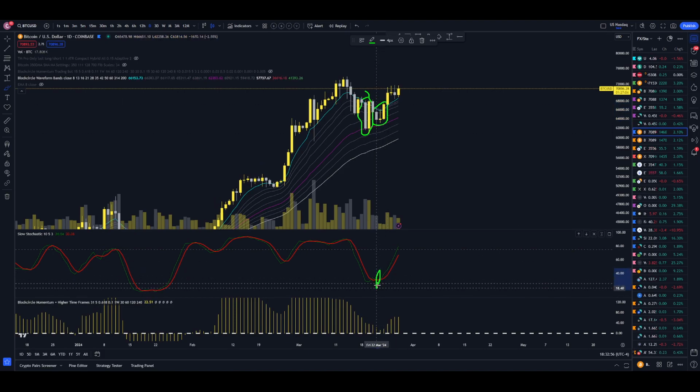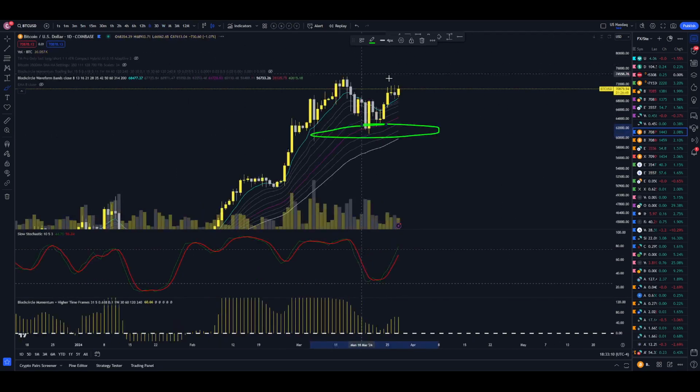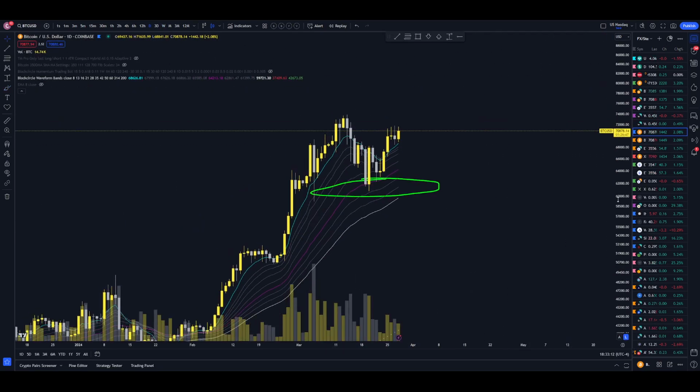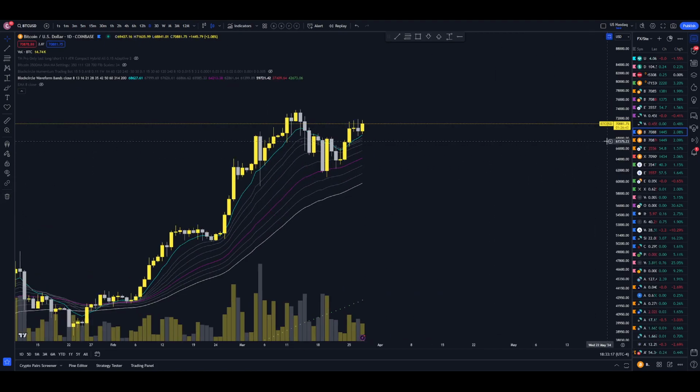We get the cycle crossing right at the same time. We get an uptick in momentum, confluence of factors, right into the weekly 8 EMA. The monthly trend is still up. Everything looks good. Confluence of factors.